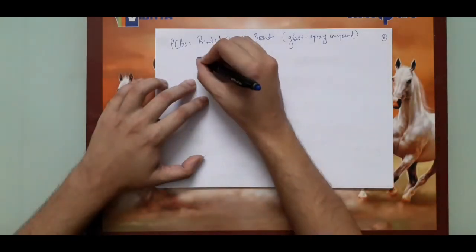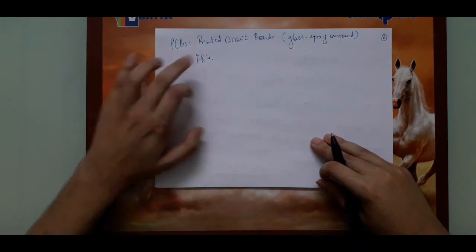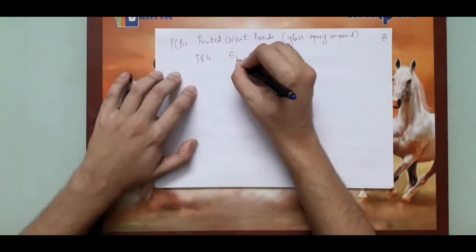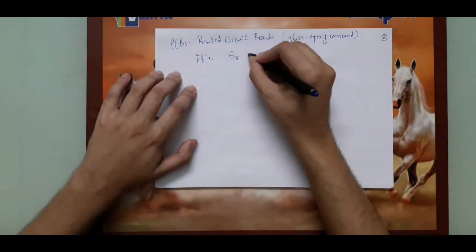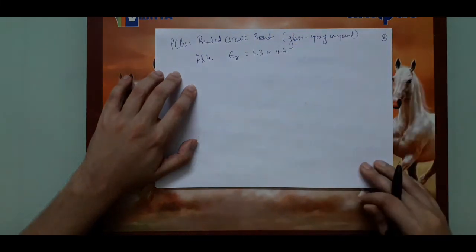The material is also called FR4. FR stands for flame resistance grade 4. Generally the epsilon r of that medium is about 4.3 or 4.4.